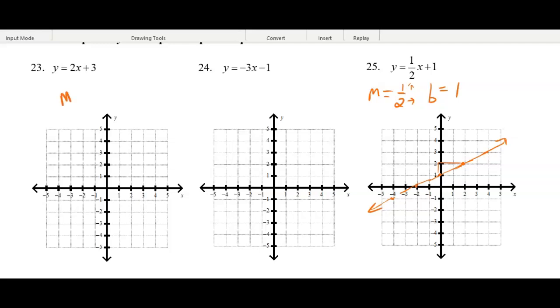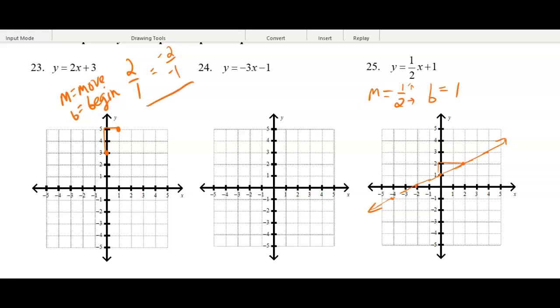And last couple. Remember, M is how you move. B is where you begin. So 2x plus 3, I'm going to begin at 3. And 2 really is 2 over 1. So I go up 2 over 1. Another way to do that is to go negative 2 over negative 1, because these two things are the same.